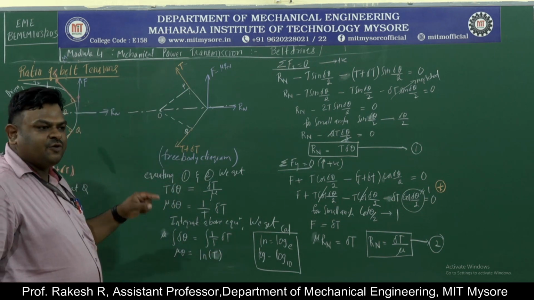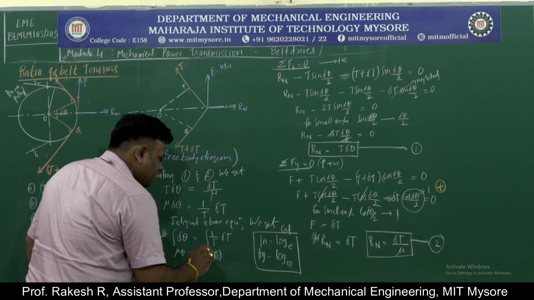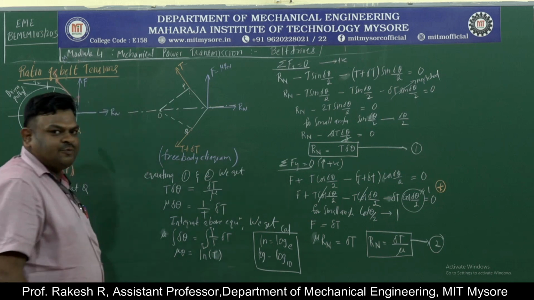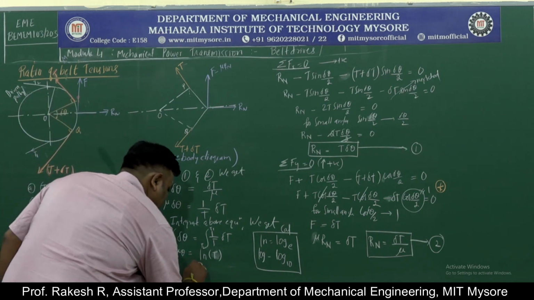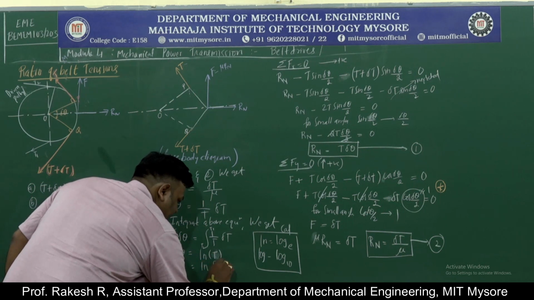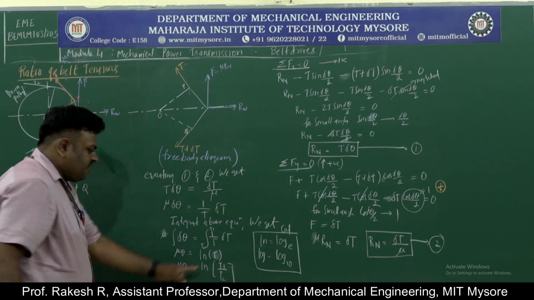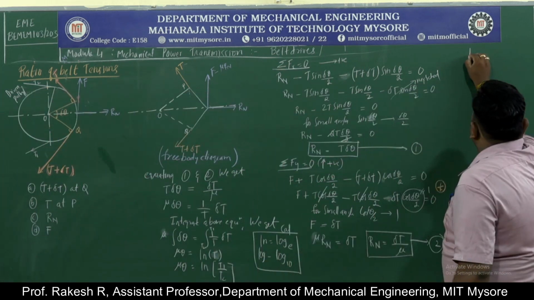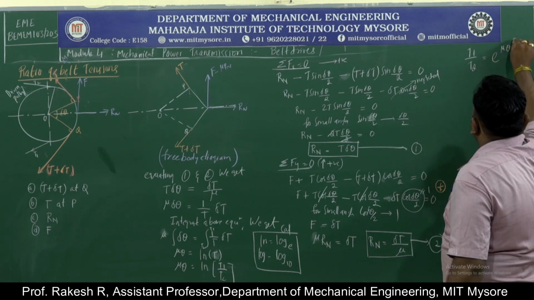So again here there are two limits. One is maximum and another one is minimum. So maximum is T1, minimum is T2. So ln of T1 by T2 is equal to mu theta. If I remove ln here, then T1 by T2 is equal to e to the power of mu theta.